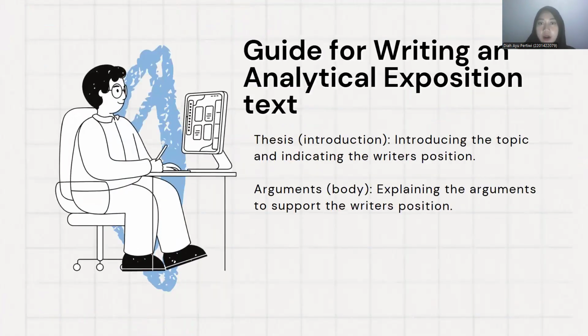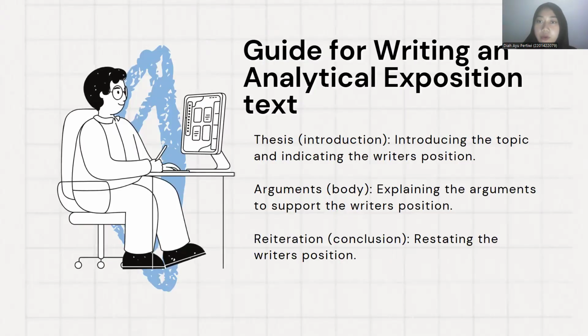Okay, here is the guide for writing an analytical exposition text. In your writing, there must be thesis, argument, and reiteration. In exposition text, it must have those three points. The thesis or introduction introduces the topic and indicates the writer's position.